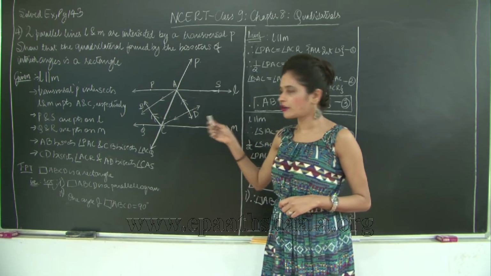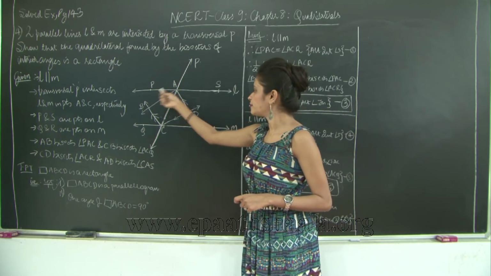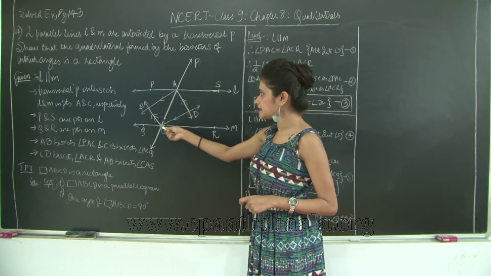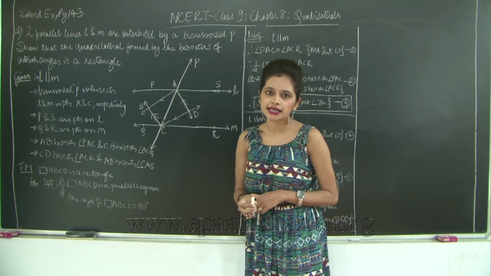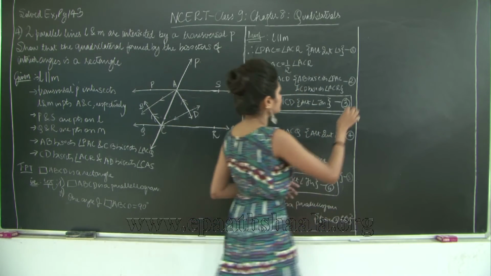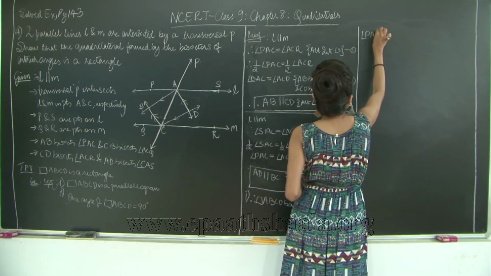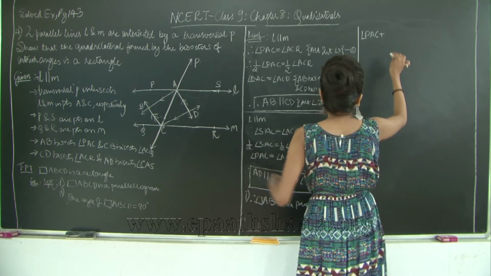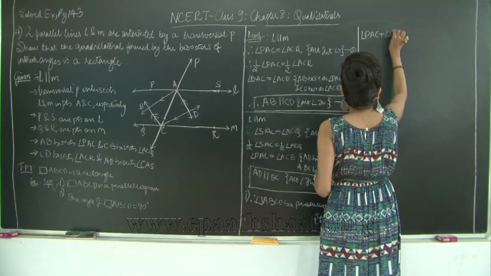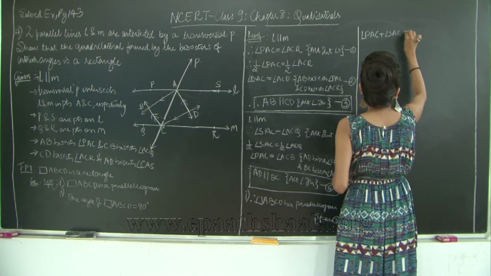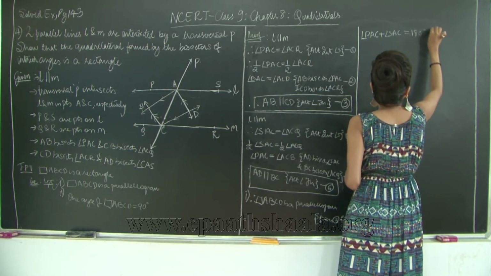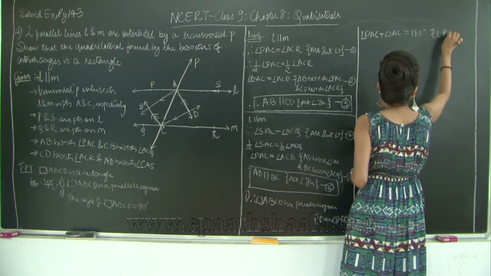Therefore, through the linear pair axiom, I have angle PAC plus angle SAC is equal to 180 degrees. Let us write this down. Angle PAC plus angle SAC is equal to 180 degrees through the linear pair axiom.